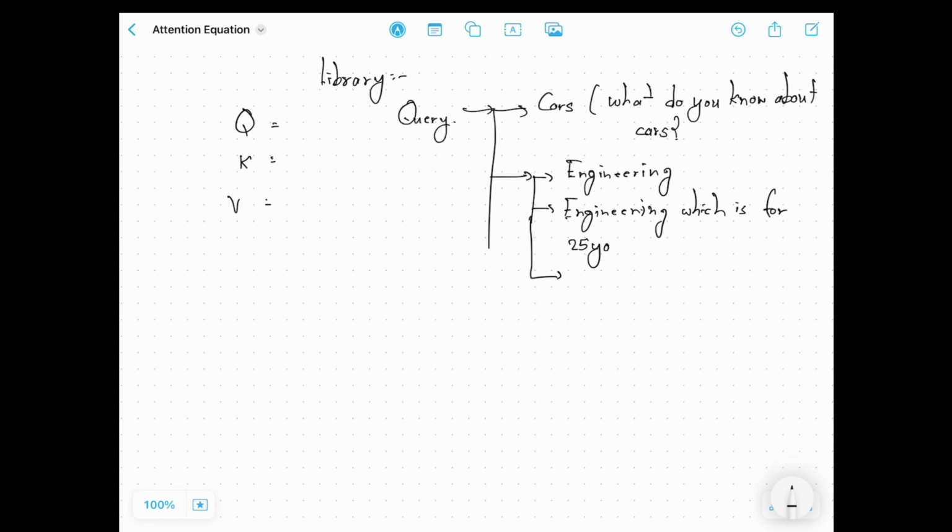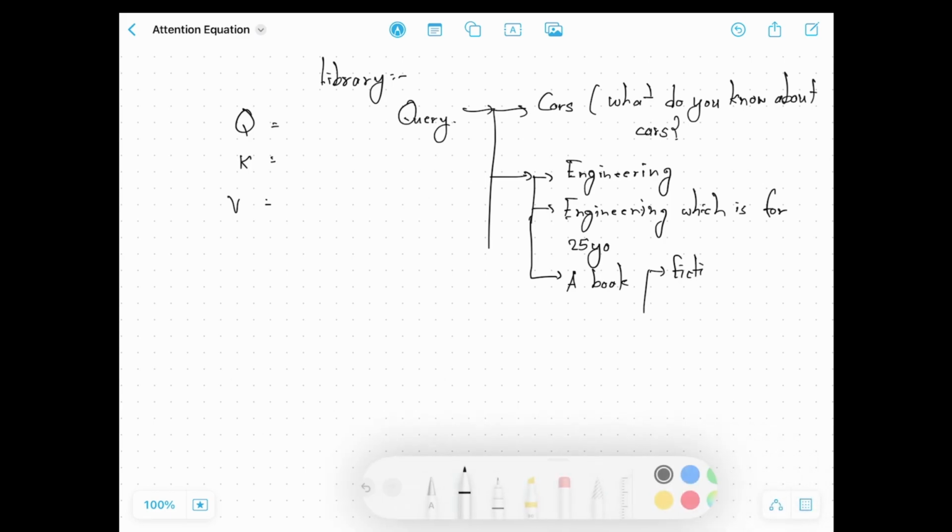Then under that section, he will be looking at the book that I want to read. So he will be looking at a book. Let's say this could be a fiction.